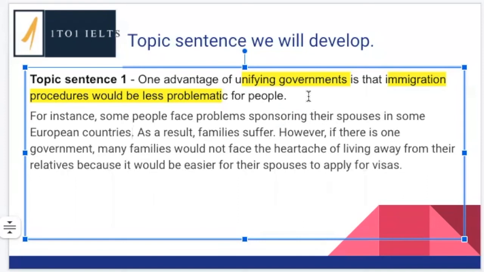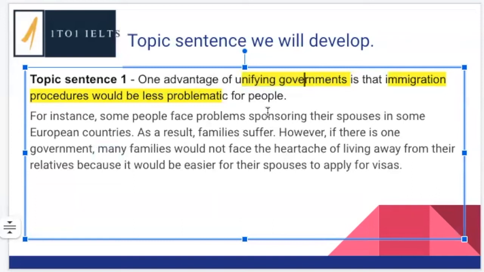Okay, so let's go back to the topic sentence to make sure that we've got both parts. Are we talking about unifying governments? Yeah, because we've got if there is one government, so that's covered. Are we talking about immigration procedures and being less problematic?